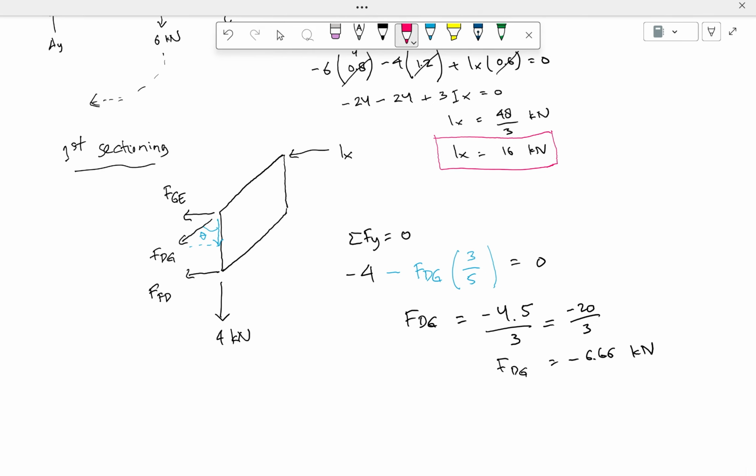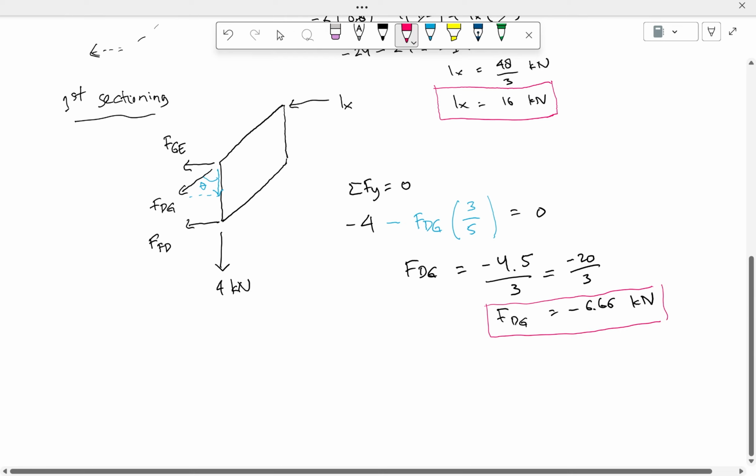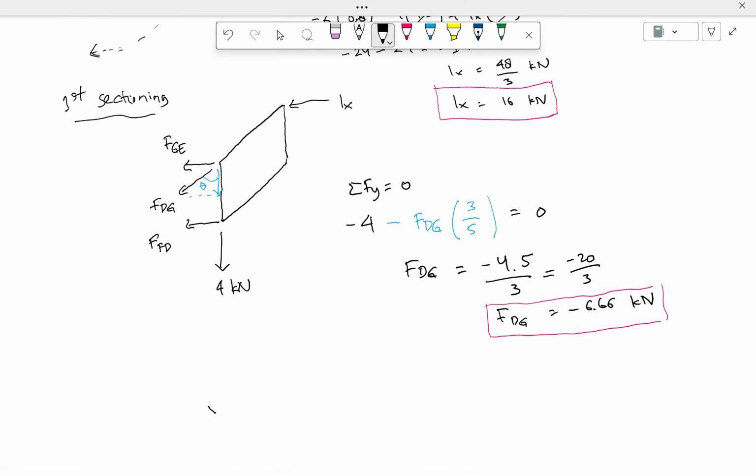Let's box it in red color. So if you draw that FDG member, the direction is negative, which means that the assumption is wrong.